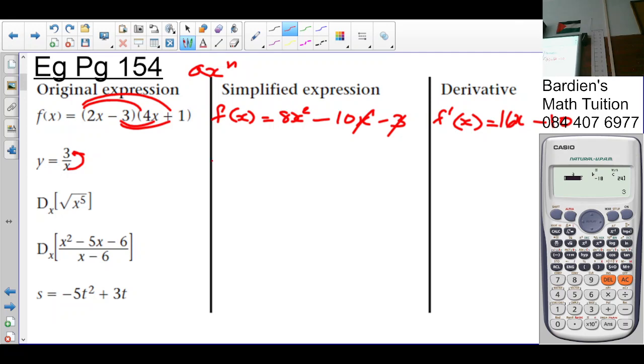So that gives us y equals 3x to the negative 1. You all agree with that? Can I apply the derivative now? Yes.